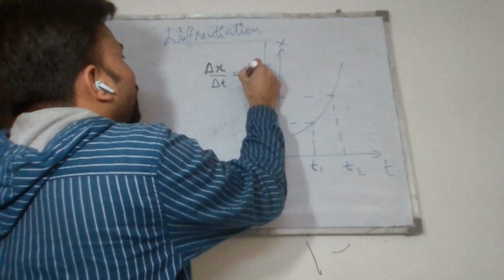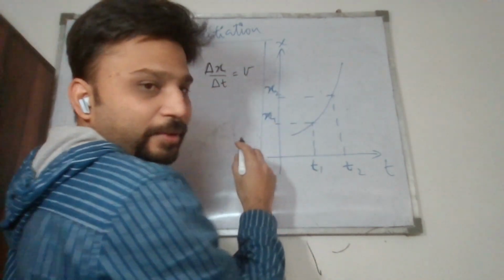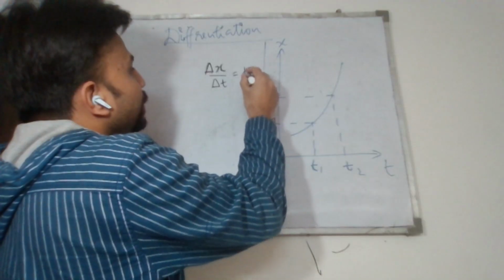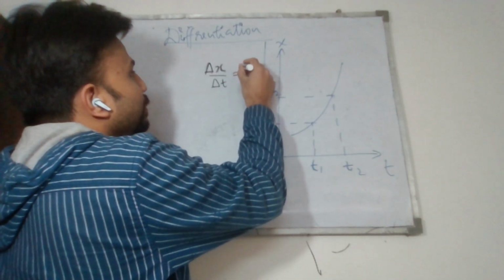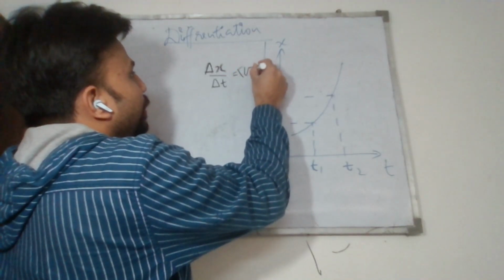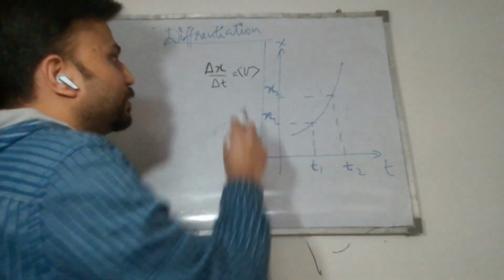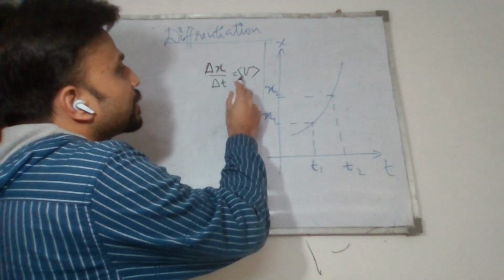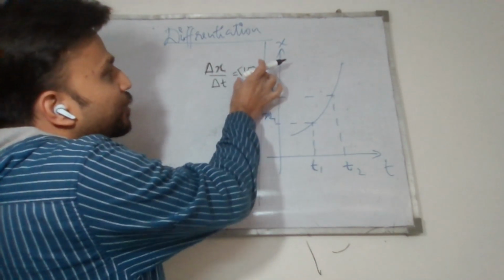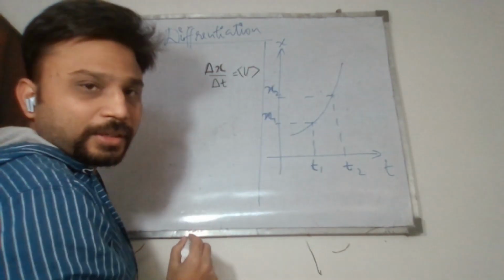The average velocity is indicated by drawing the v symbol and putting angle brackets around it, a less than sign and a greater than sign, with the v symbol between.